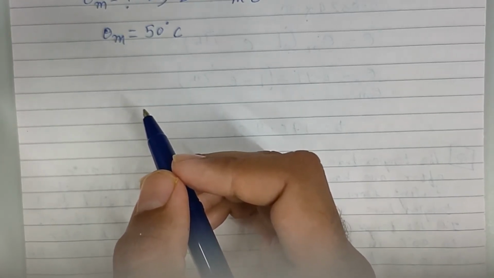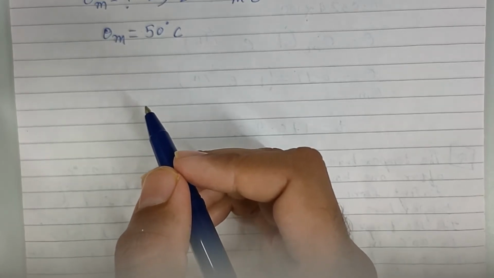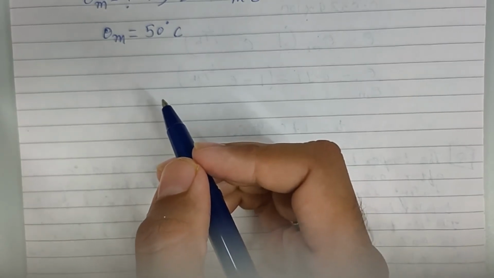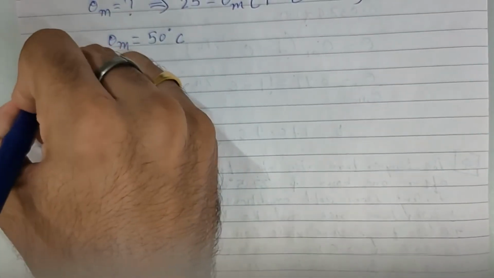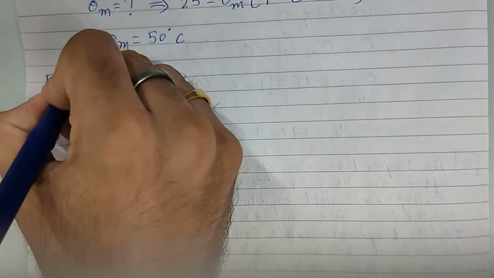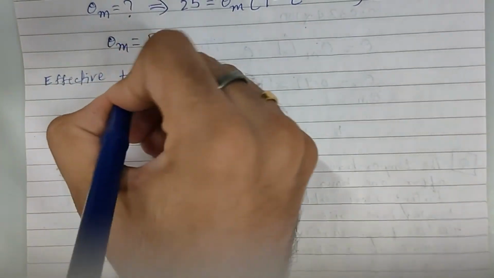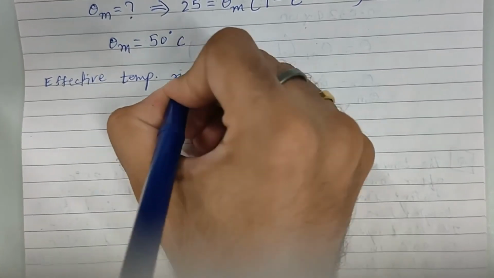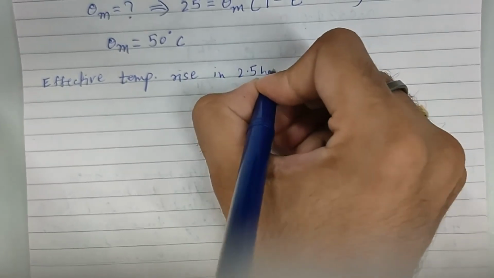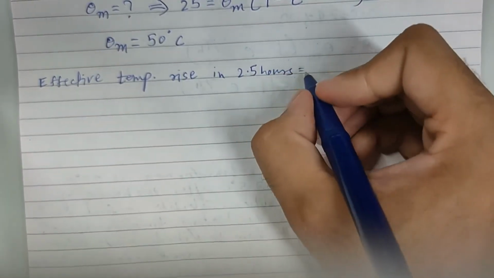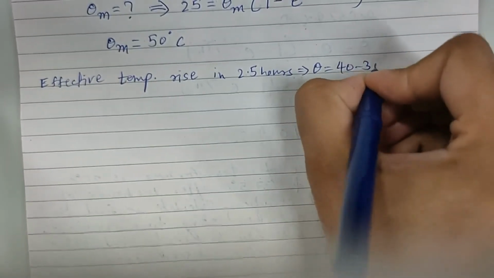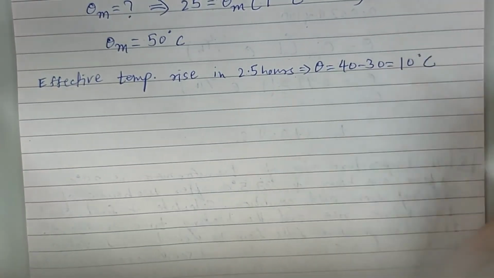Here the ambient temperature is already given as 30 degrees centigrade, so we can say that the effective temperature rise in 2.5 hours is theta equal to 40 minus 30, which is equal to 10 degree centigrade.